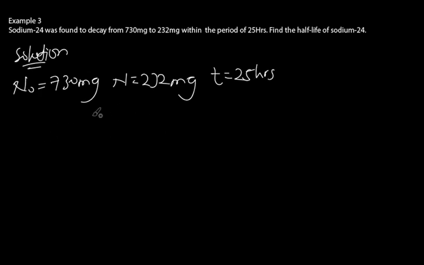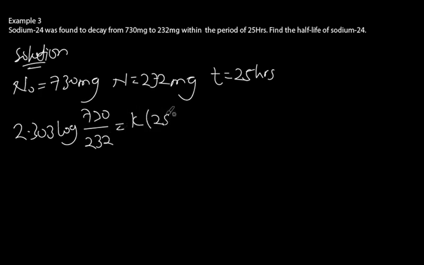So straight from here you can write 2.303 log n naught, which is 730, divided by 232, is equal to k times the time, which is 25. So we input this into the calculator and see what we get. 2.303 log of the ratio 730 divided by 232 gives us 1.1465.